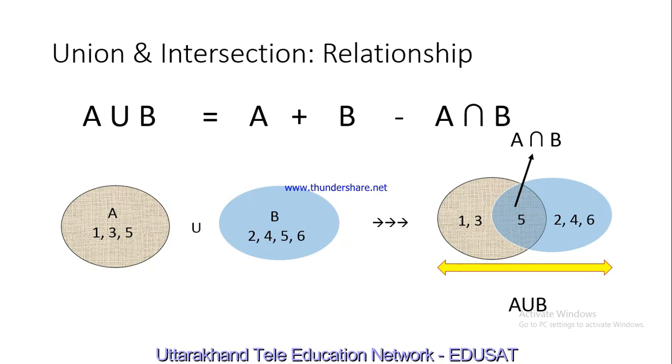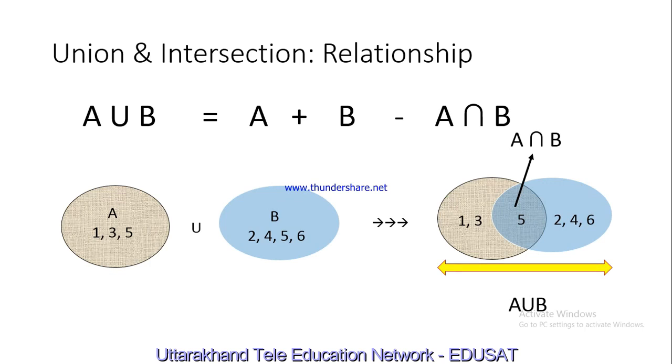The element is 5, and there is just one element in A intersection B. Now if you want to find out A union B, the two circles will have to be added up, but then the overlapping area gets counted twice. When you add up the two circles, the overlapping area, which is A intersection B, gets counted twice, and that is why you have to remove it once.